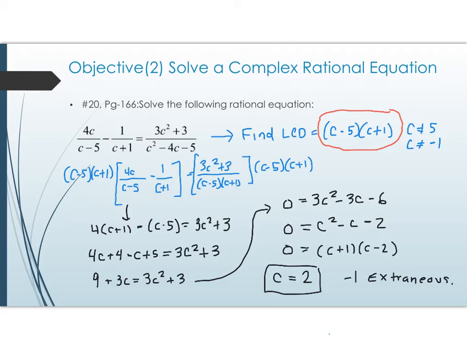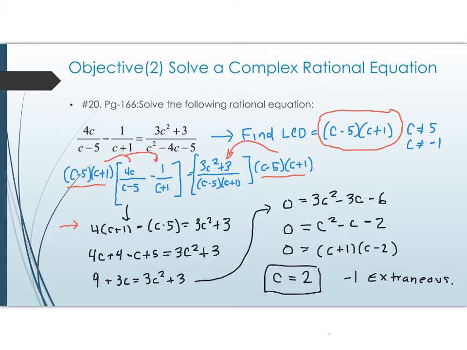And we notice that c cannot equal 5 and c cannot equal negative 1. So what do we do? We multiply both sides of the equation by the least common denominator, and we multiply it through the rational expressions.